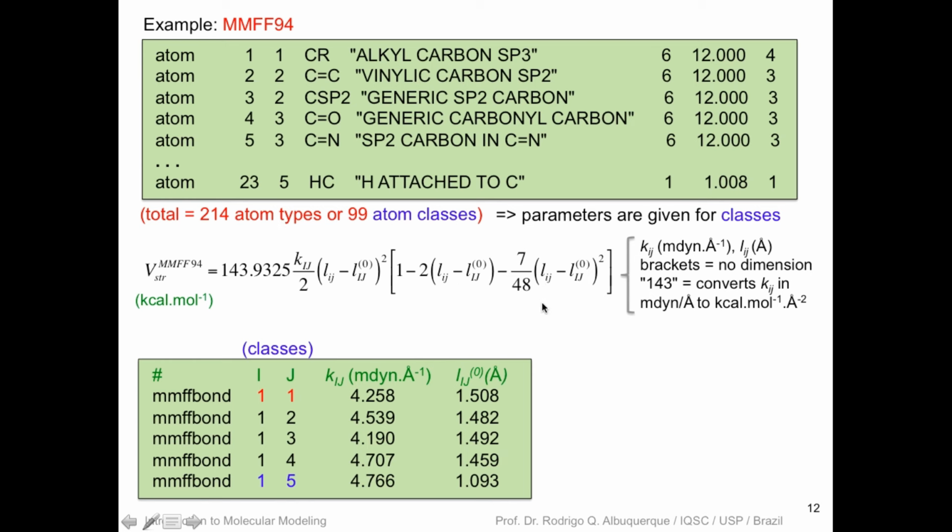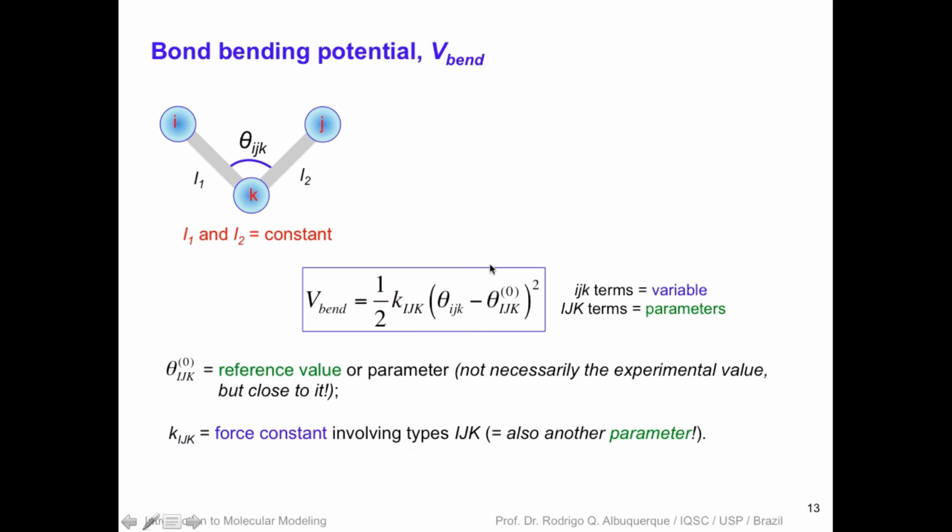And this force field uses this expression. So these parameters are used inside this expression to compute the bond stretching potential for any system. In this case, we have a carbon-carbon bond, the class 1 bond stretching you have here. And here you have the class 1, class 5 bond stretching.